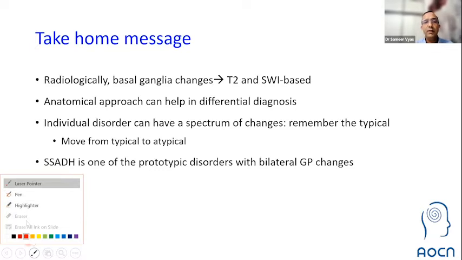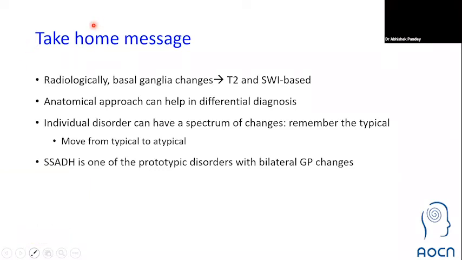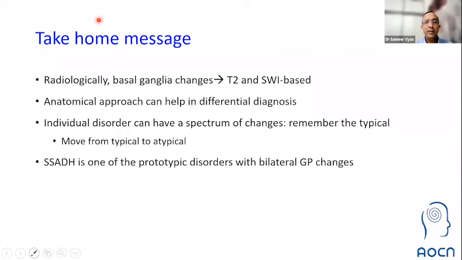In the basal ganglia, as you rightly pointed out, in addition to the T1 and T2 changes, we should always see the SWI changes and the diffusion changes. Contrast enhancement is not usually done in a neurometabolic disorder, though a few findings have been shown in a few cases.